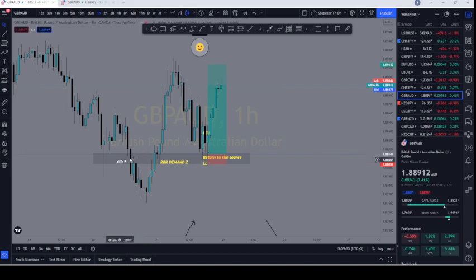Why is it significant? We have these support, resistance, support. So the zone was significant, and then it had a rally base rally demand zone. So we were waiting for the price.